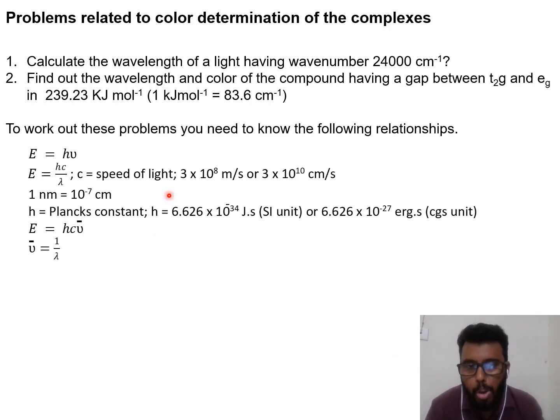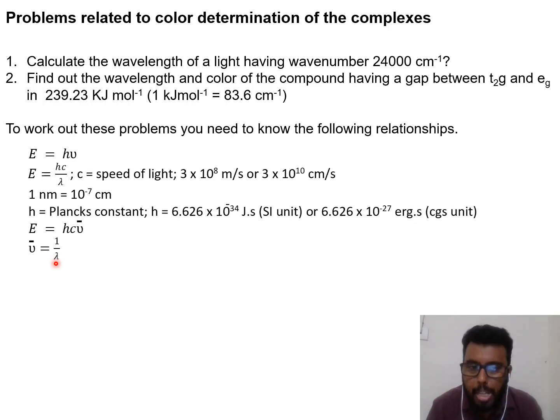And this is a simple one, like Planck's constant: E is equal to h mu, where h is Planck's constant, whereas E is hc by lambda. c is the speed of light. When you substitute this, mu bar is nothing but 1 by lambda. That's why I told you, when they give wave number 24,000 centimeter inverse, that is nothing but mu bar.